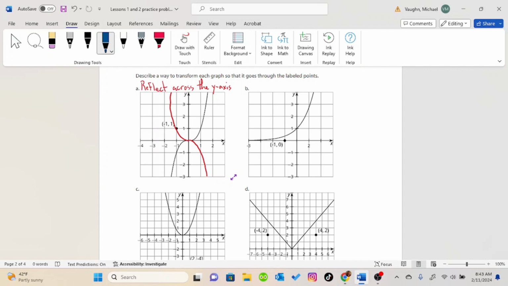I see this point at 1, 1, or at 0, 1 as a crosshair. So let's say I wanted to take this point, which is my y-intercept, and I could say that I shifted down 1, and then I shifted left 1.